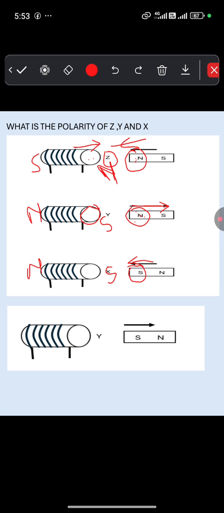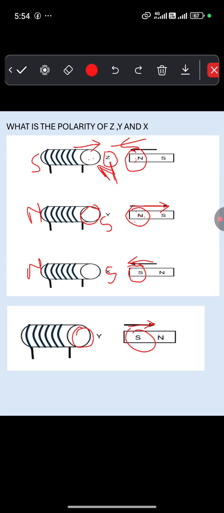Now when you pull it out, right? When you pull it out, you are pulling out the south, right? When you're pulling out the south, the solenoid does not want the magnet to be going out. It wants to bring it back.